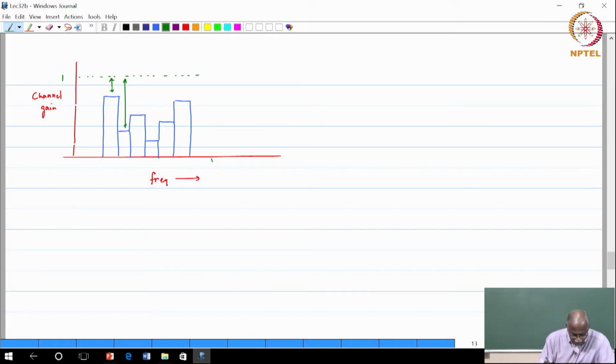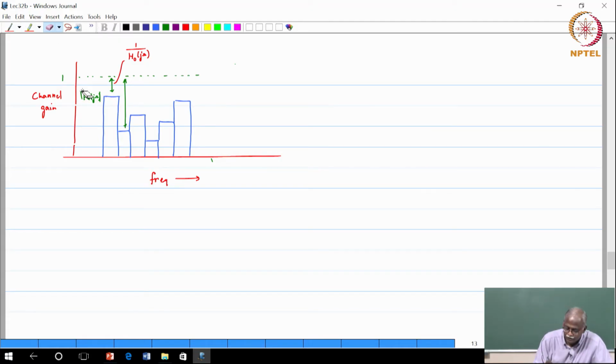So by how much should I boost? If this level is the magnitude of h0(jω), the level of the first channel, I must boost this by 1 divided by h0(jω). That will bring me up in terms of magnitude and phase.